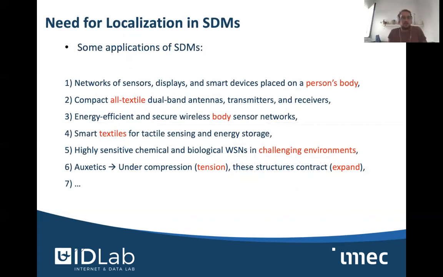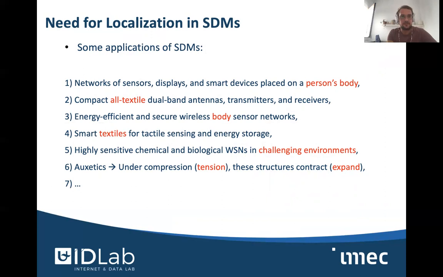We looked at some of the applications in the domain of software-defined metamaterials and metasurfaces. People are proposing applications such as networks of sensors and display smart devices placed on a person's body. The important thing here is the person's body.